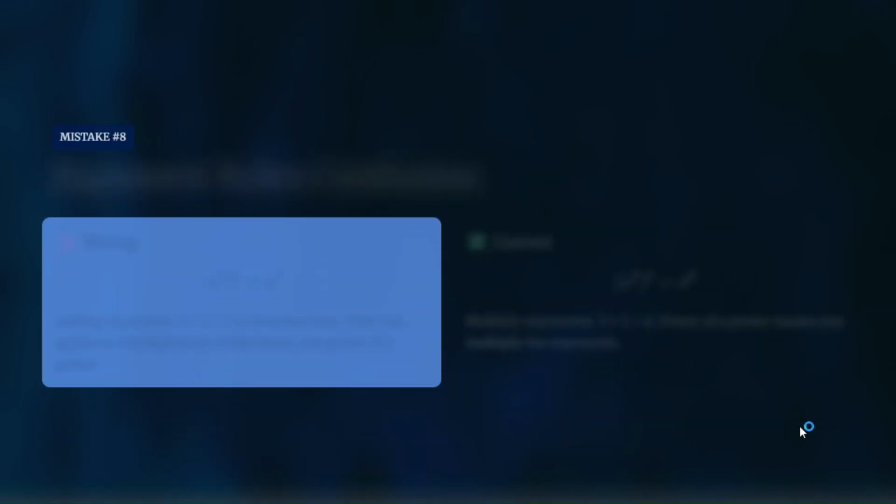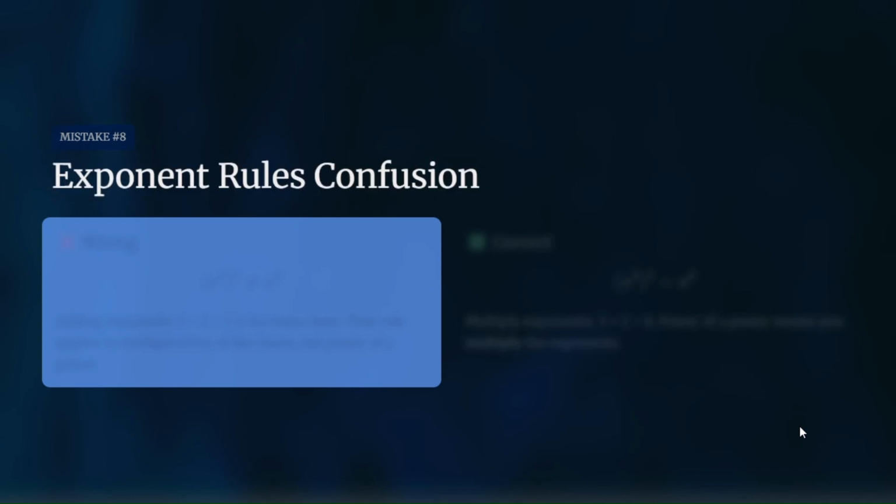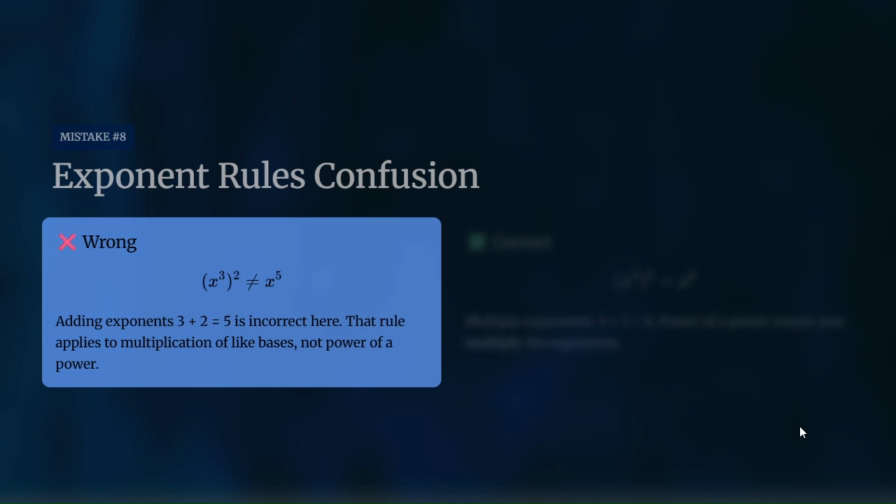Mistake number 8. Exponent rules confusion. Students frequently mix up when to add exponents versus when to multiply them. The power of a power rule requires multiplication, not addition. So if we have x cubed raised to the second power, or x cubed squared, that is not equal to x to the power 5.